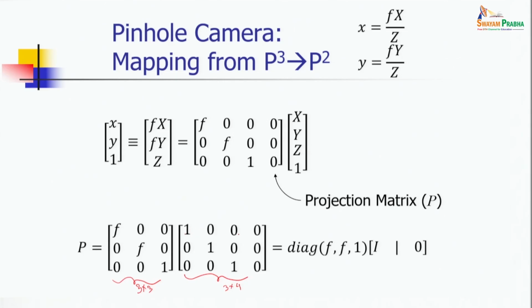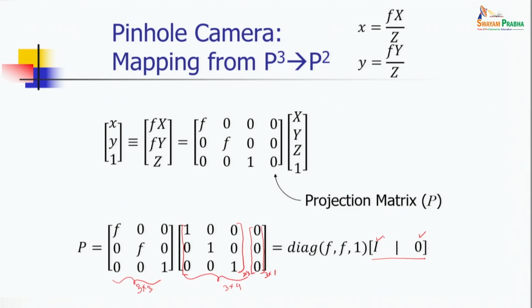And the interesting part is that the 3 cross 3 submatrix of this 3 cross 4 matrix is an identity matrix, which I am showing also in this representation. And this 3 cross 1 column vector is represented as a simple 0 here, which means it's a 0 column vector. So, this representation is a representation of a larger matrix using its submatrices.